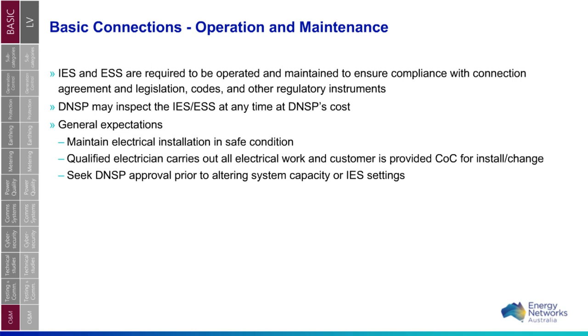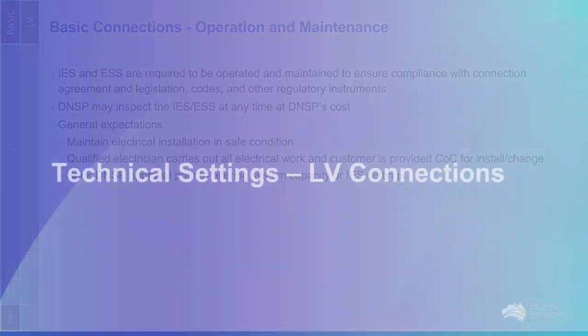And there are some general expectations that the electrical installation is safe, that a qualified electrician carries out all the work that's electrical in nature, and that there's a COC for every change or installation that's made, and any changes to the system capacity or settings should have DNSP approval prior to carrying those out.